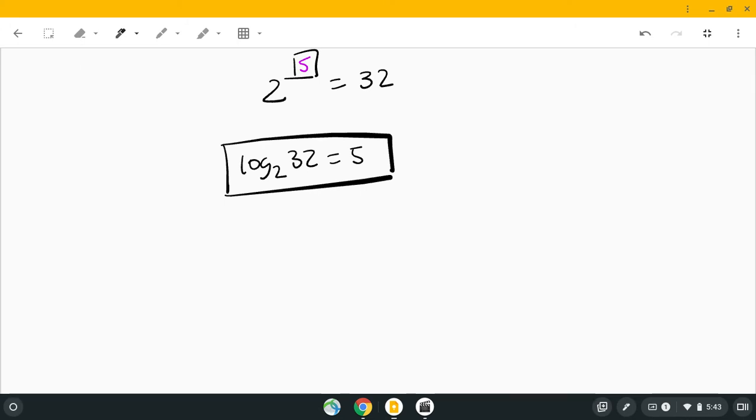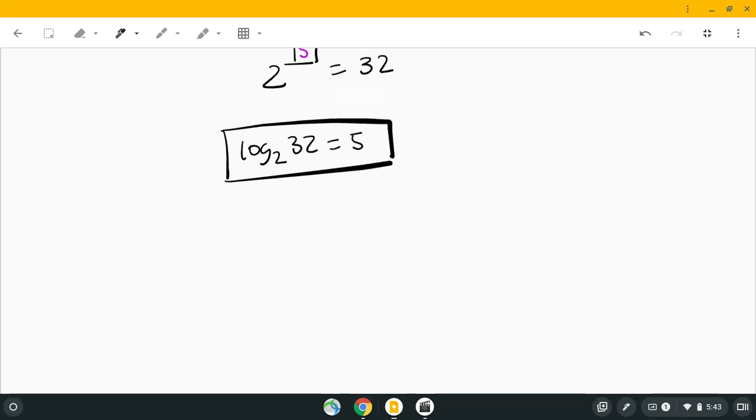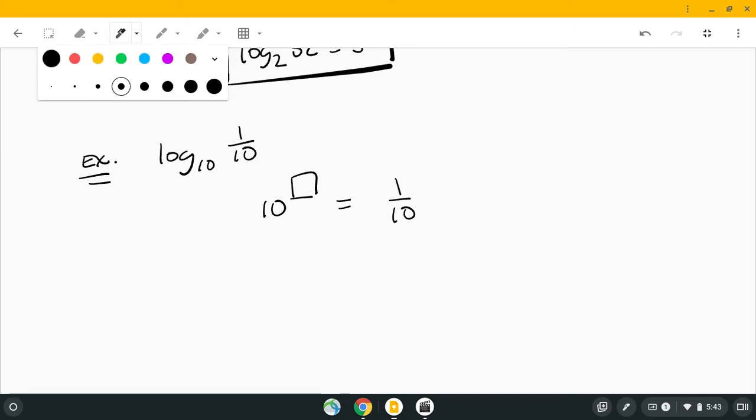Let's go ahead and take a look at this other example. Suppose that I have log base 10 of 1 over 10. Okay, so I'm trying to find an exponent. 10 to what power gives me 1 over 10? And this one, maybe you're not too familiar or used to working with negative exponents, but this would be -1, right? 10 to the -1, you would take the reciprocal.